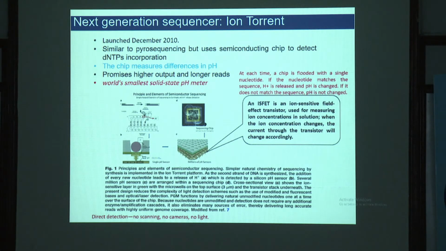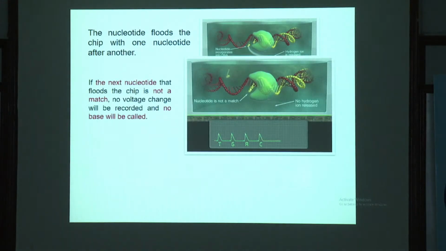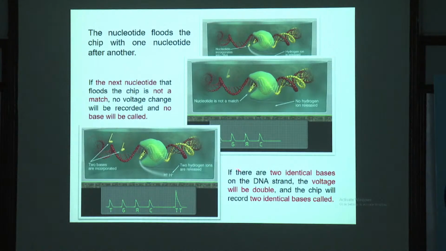If you are adding dATP, only dATP will be added once, then you wash it and add another nucleotide, like that. So the nucleotides flood the chip one after another. If the next nucleotide that floods the chip is not a match, no voltage change will be recorded. And if there are two identical bases, the voltage will be just double.